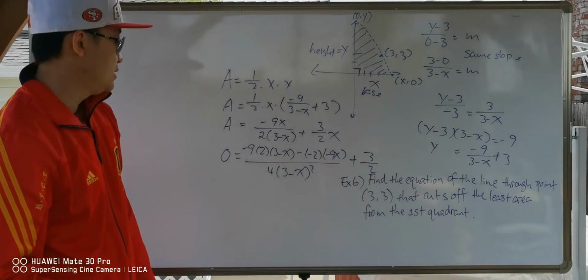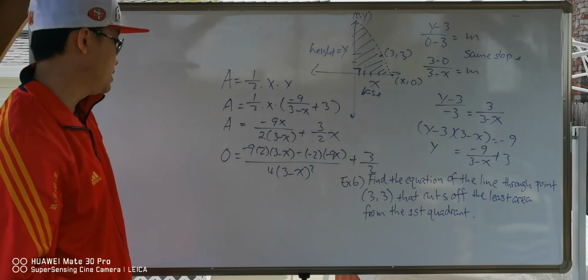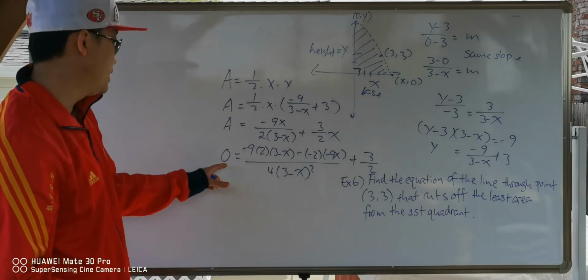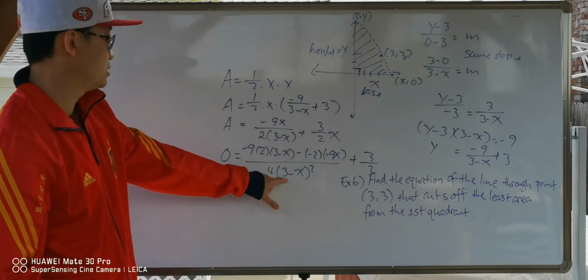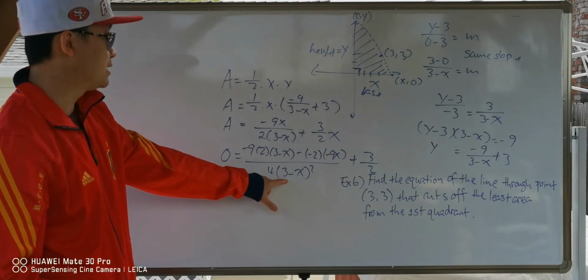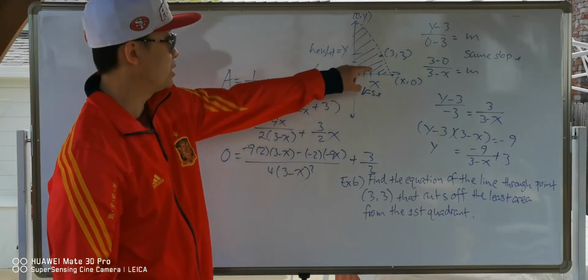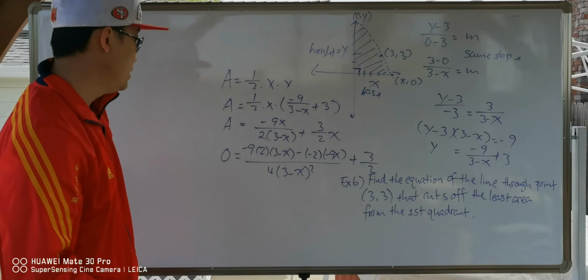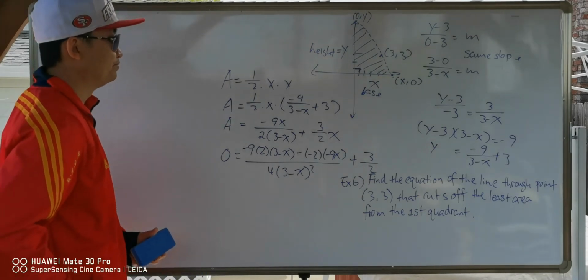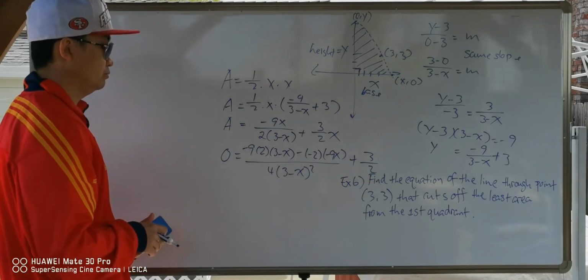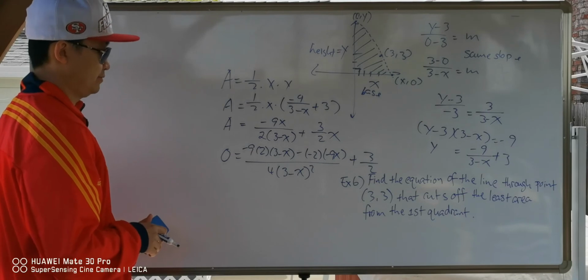And now for the rest of this, you want to find out the zeros. Well, we do know that the denominator cannot be 0 because that would be 3, and that's the point we have already. So we need to figure out the value of x.